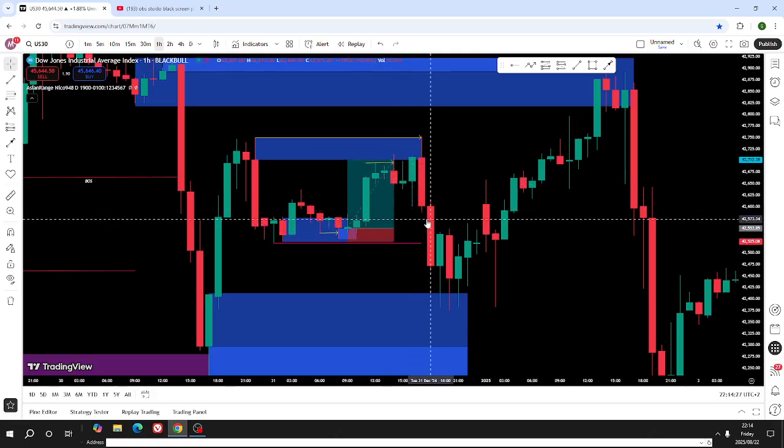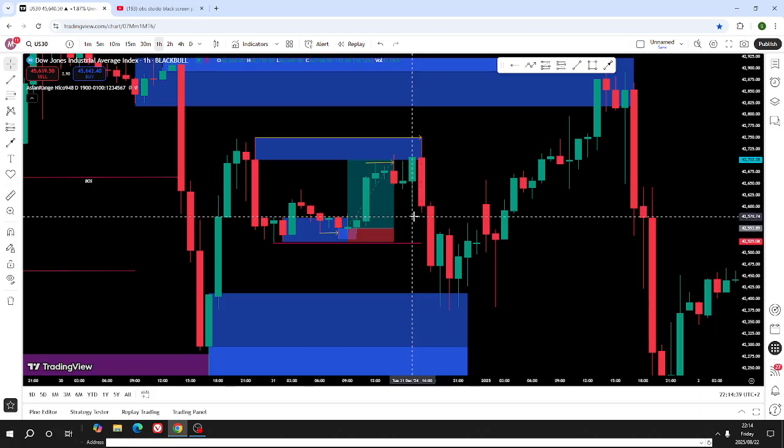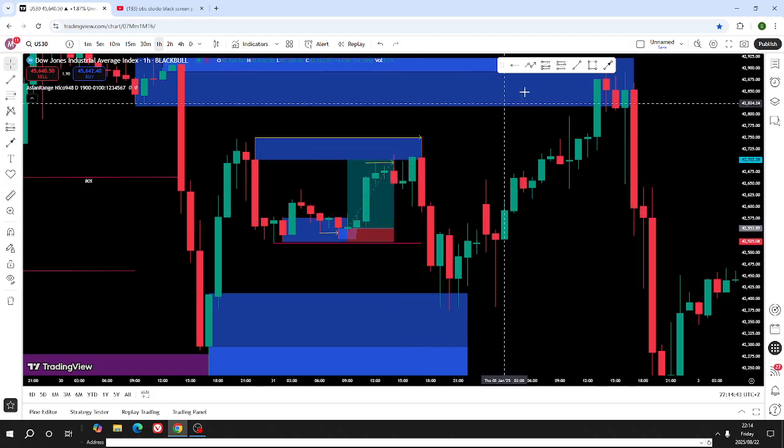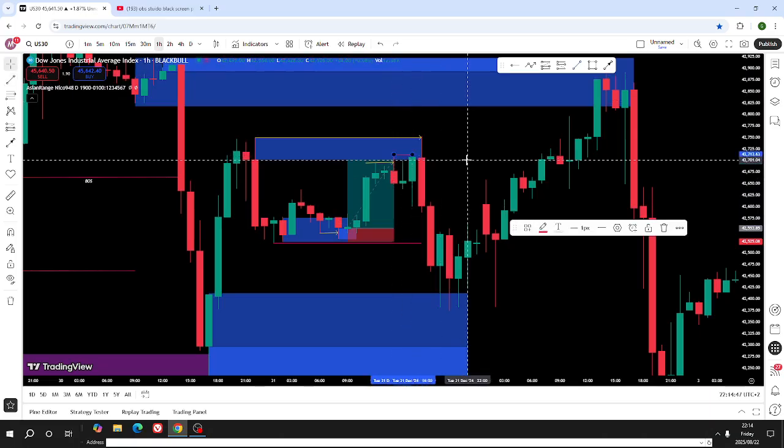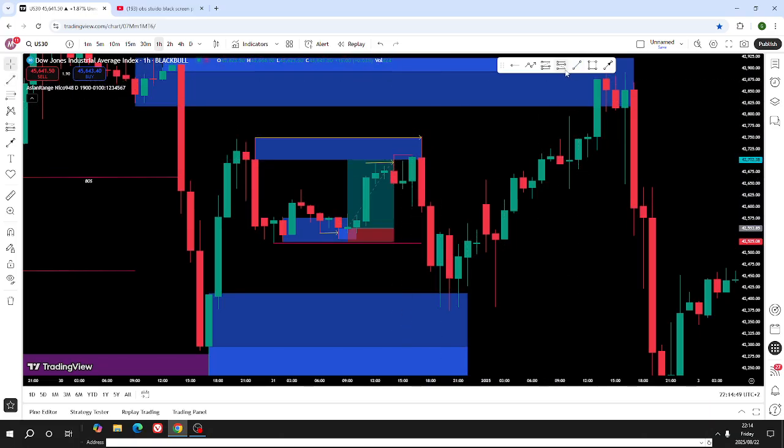The candlestick that sweeps the previous candlesticks and taps into the order block is a pin bar. The pin bar tells us to go to the downside, sell. This is a pin bar, meaning right over here this is a protected high. Then we need to sell the market.